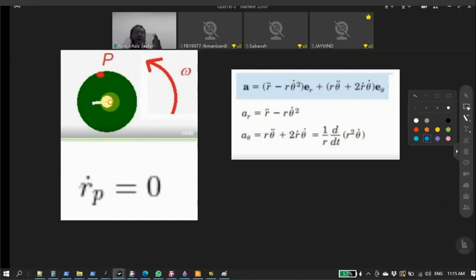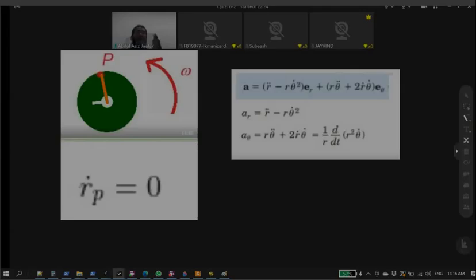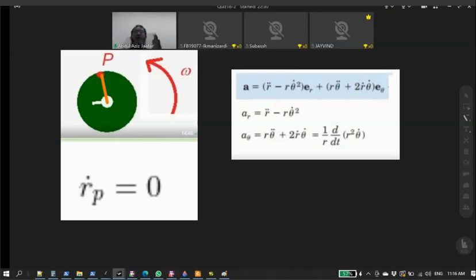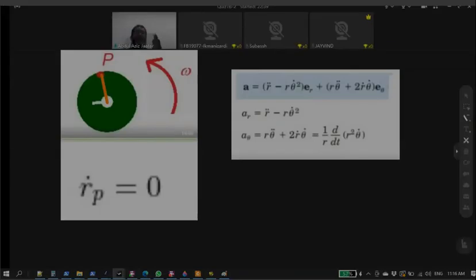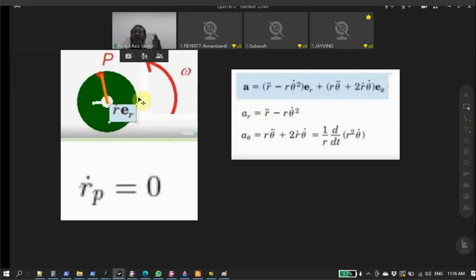Radial direction, let's say this is the origin O. So this is e_r, let me make it bigger.